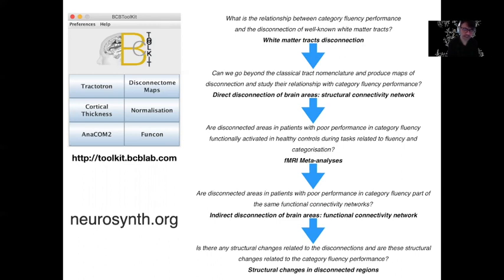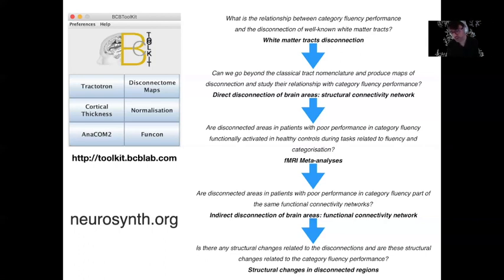And to finish, we will investigate whether, when you have a disconnection within this large network, you have a decrease of the cortical thickness.